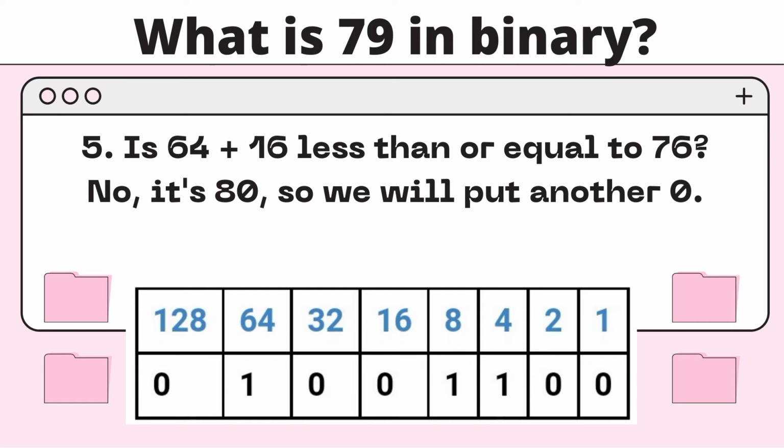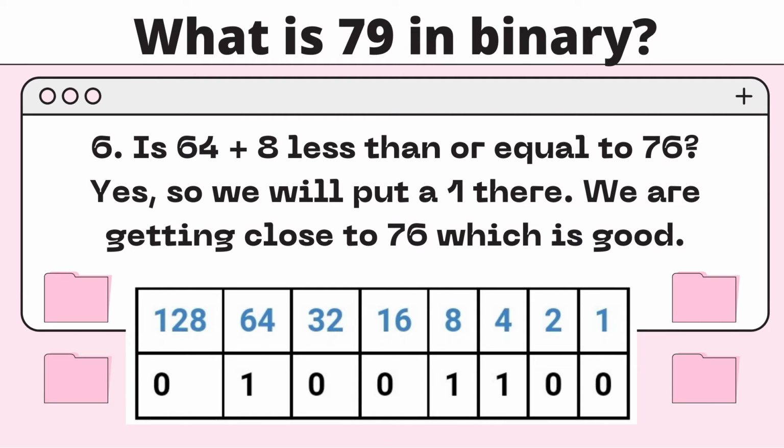Number 5. Is 64 plus 16 less than or equal to 76? No, it's 80. So we will put another 0. Number 6. Is 64 plus 8 less than or equal to 76? Yes, so we will put a 1 there. We are getting close to 76, which is good. Number 7.